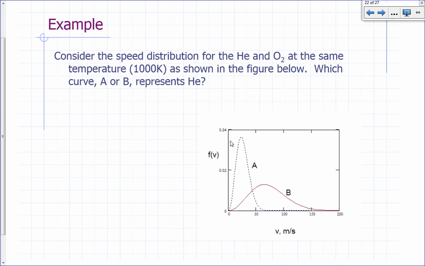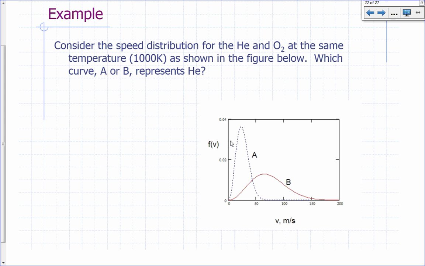How about this one? This is the speed distribution for helium and oxygen at the same temperature. Which one do you think represents helium, A or B? What did we say? Remember temperature, okay? They have the same temperature, right?